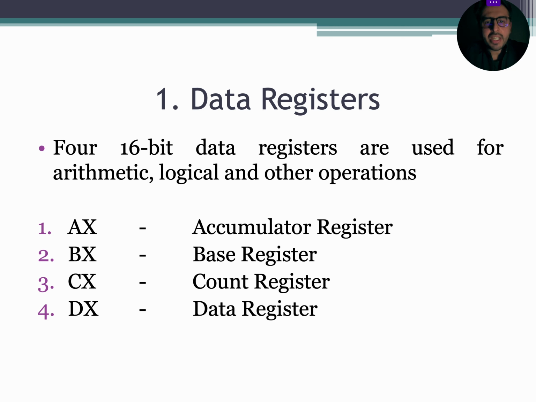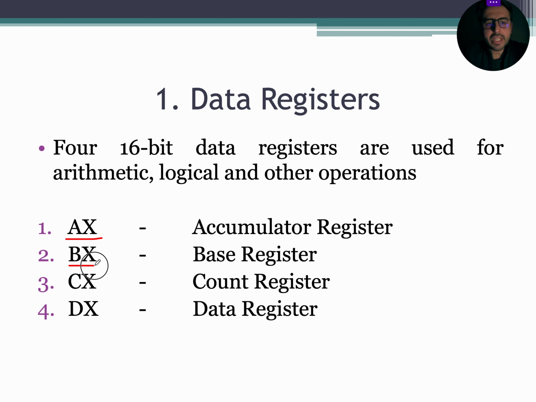Four 16-bit data registers are used for arithmetic, logical, and other operations. Number 1 is AX, known as accumulator register. It is a 16-bit register in which intermediate arithmetic and logic results are stored.